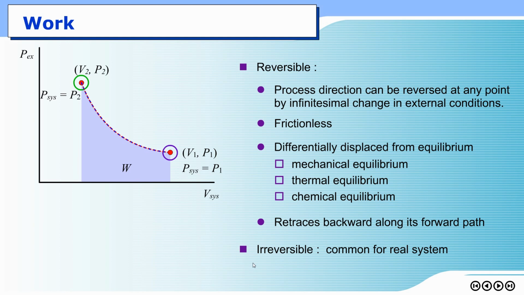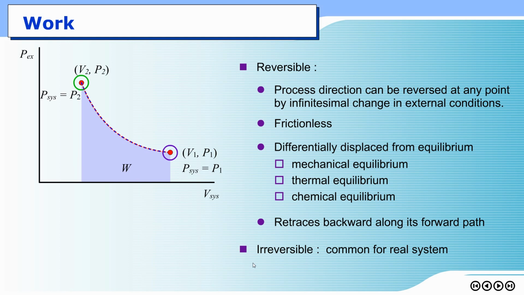For instance, if we do a calculation about an engine, we can say that if all the processes in the engine are reversible, then the efficiency of the engine will be 100%.